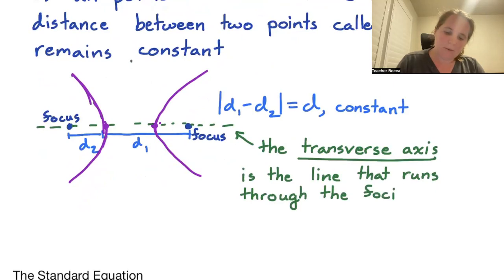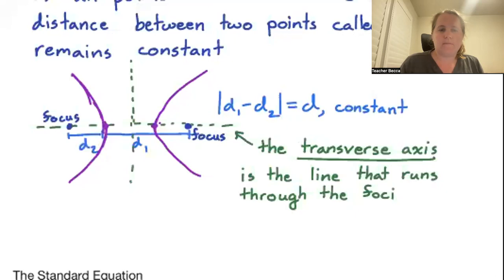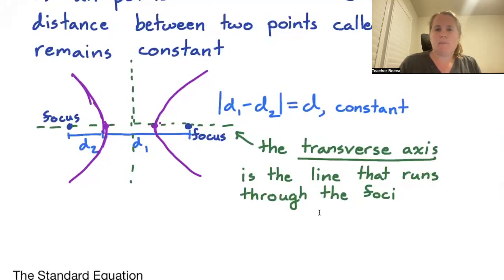If we draw a perpendicular line, this acts sort of as the other axis of reflection. We call this the conjugate axis.